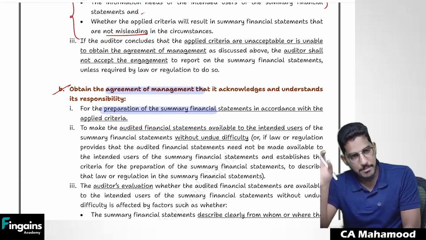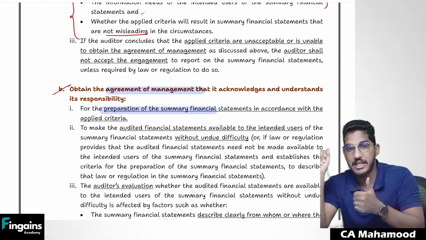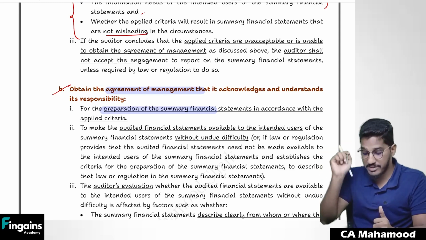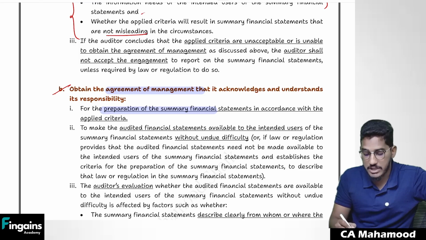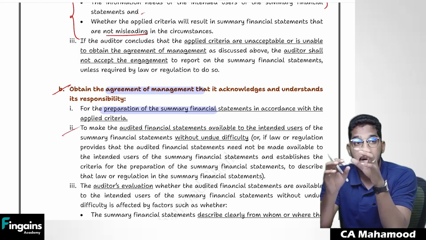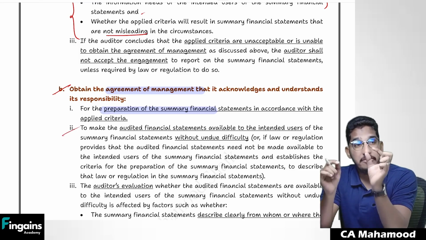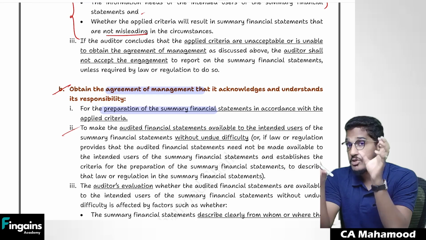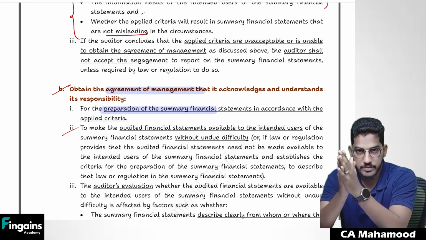The auditor will not prepare, management has to prepare that summary financial statements, that too as per the applied criteria. Ask the management to give a written agreement that they accept this responsibility. And one more important thing, you should ask the management to give written confirmation that along with the summary financial statements, they will make available the complete financial statements to the intended users without any undue difficulty.